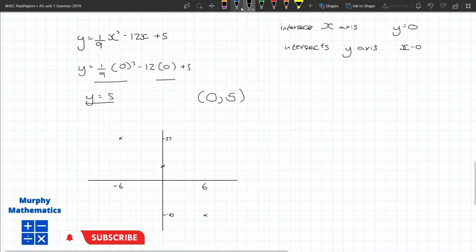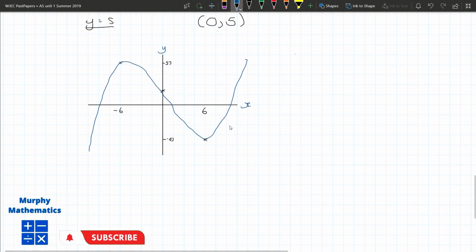And then I just draw it in. So I'm expecting it to come up. And there we go. And I'll just label my axes, so x and y, and that's my graph I'm expecting.